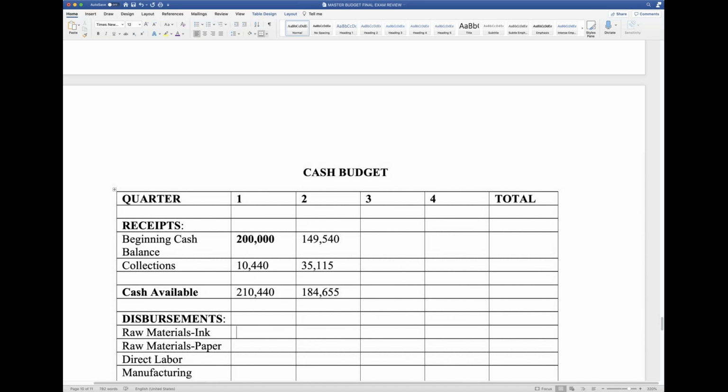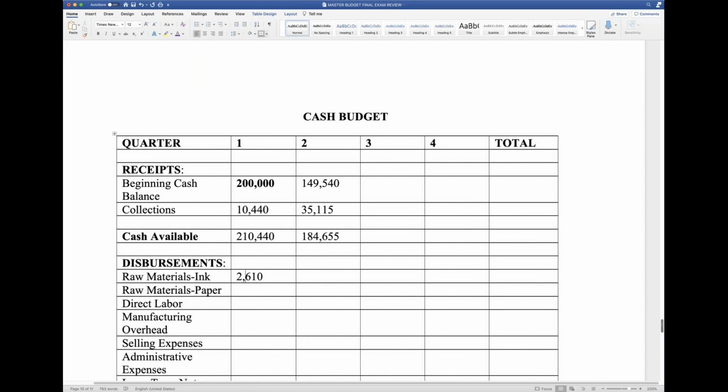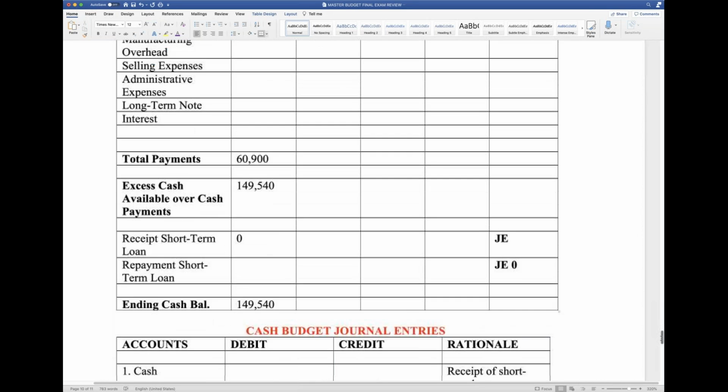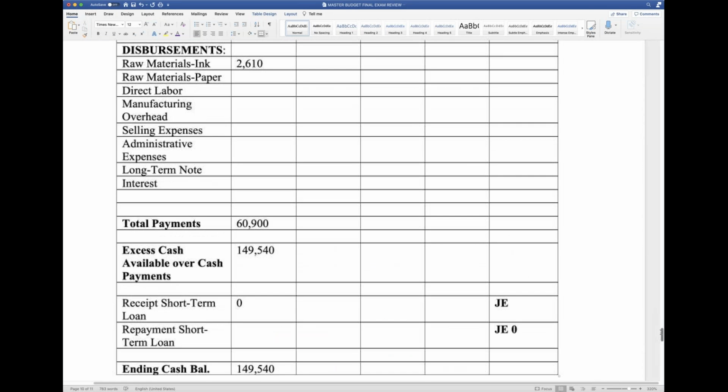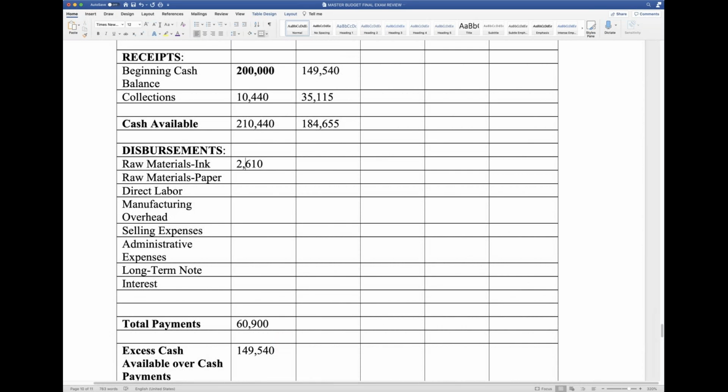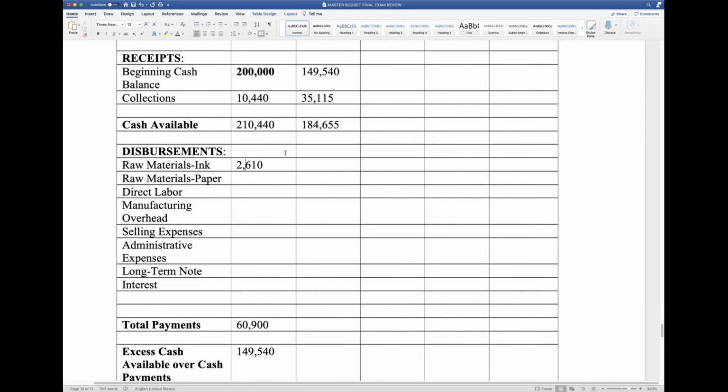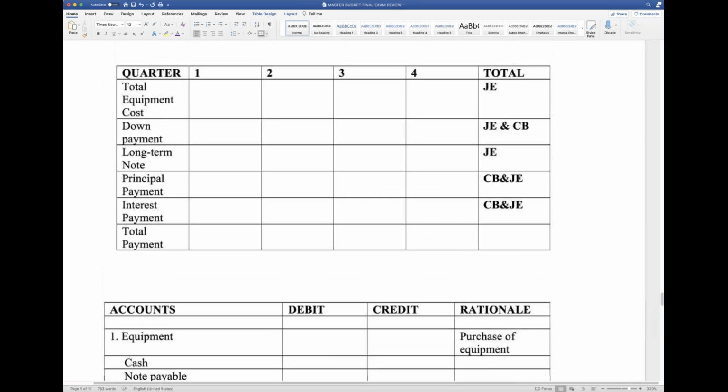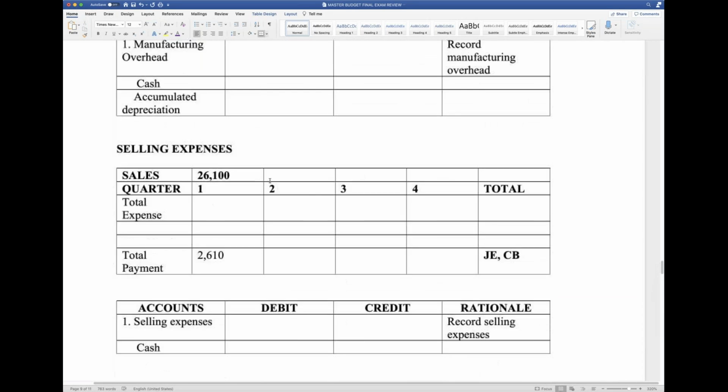So put your ink amount in. And Brady, you get ready to do second quarter. I'm trying to scroll. I told you it doesn't let me scroll right. All right, so you got the 2610 in. We now need to go to labor.